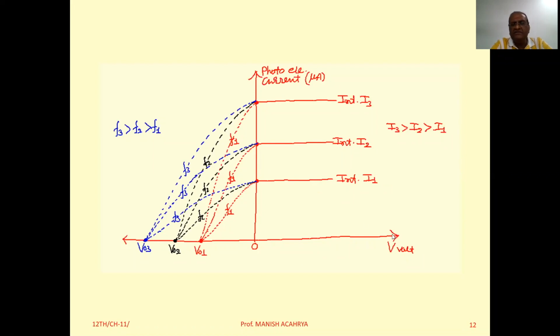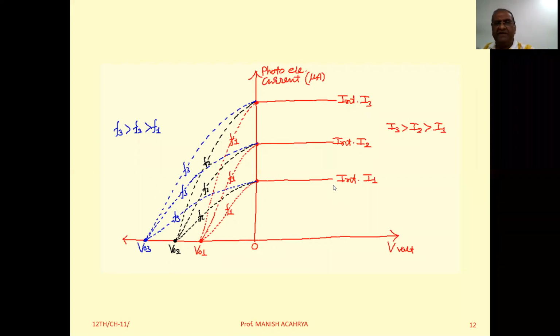If you increase the voltage, then also the current remains constant. It implies that this potential difference has no role in the emission of electrons from the emitter plate, it just collects the electrons which are emitted from the surface.